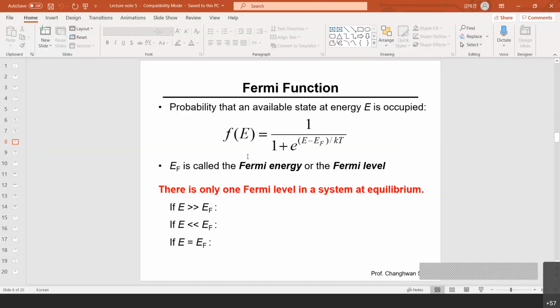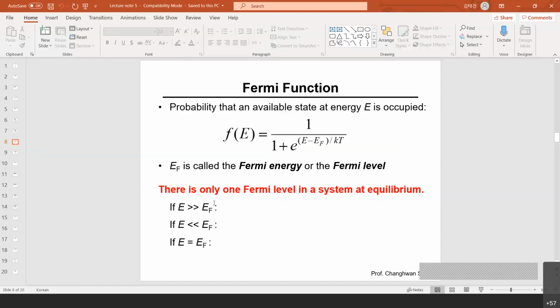Not 100%, but almost 1, maybe about 99% or 99.999%, because the valence band itself has been almost filled with electrons. Well, definitely not free electrons, but the electrons which have been used to build up the covalent bonds between two neighboring silicon atoms. Okay.